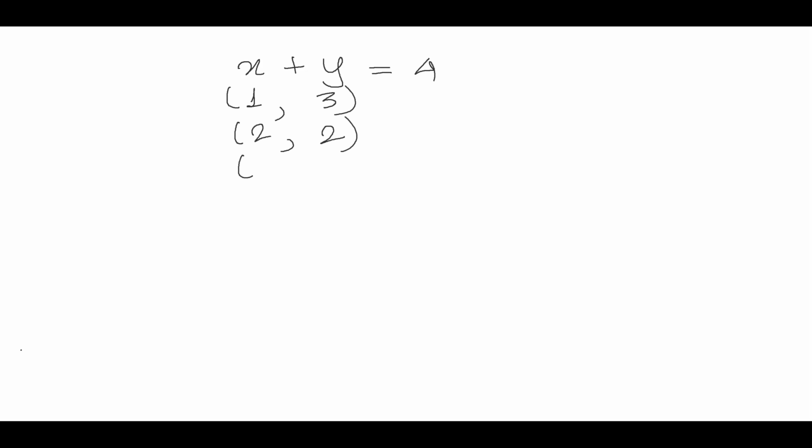If x is 3, y would be 1. If x is 4, y would be 0. If x is 5, y would be minus 1. All these combinations give a sum of 4, which matches the right hand side. And these combinations of x and y are endless, infinite.